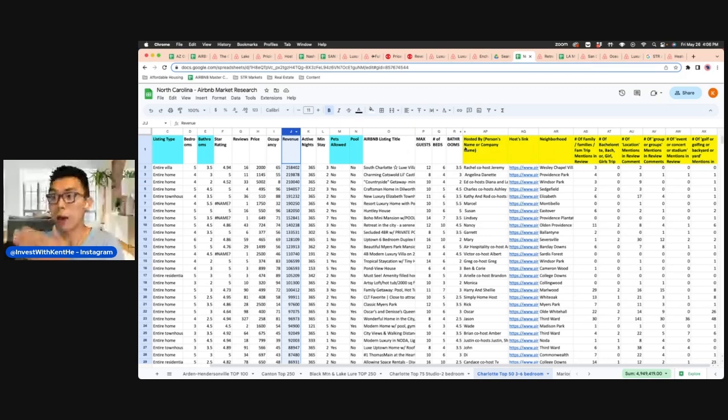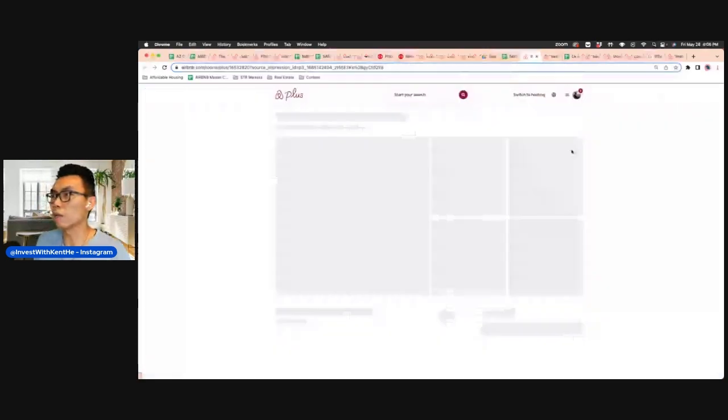And look at the word location. Look at this neighborhood, 3rd Ward. Even if you've never been to Charlotte before, you can come down in here and figure out why this property is so popular and in such demand. Even though it might not be loading, 3rd Ward, Charlotte, North Carolina, you can see 3rd Ward is basically a very busy district right in the downtown of Charlotte.